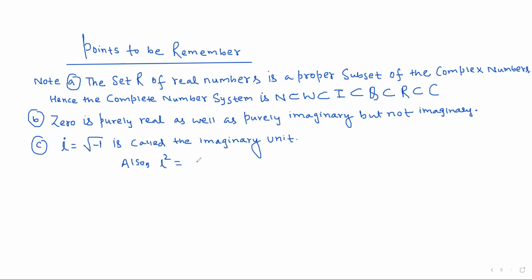Also, iota square is what? -1. Iota cube is what? Iota cube is iota square into iota, which is -1 into iota, simply minus iota.